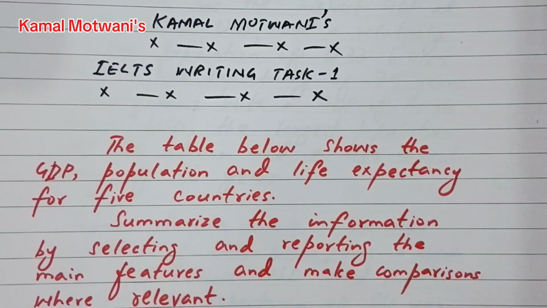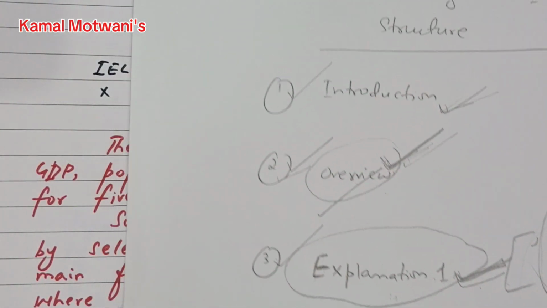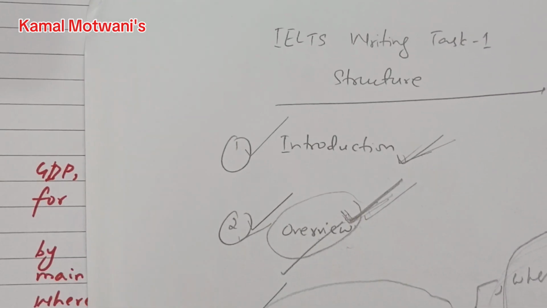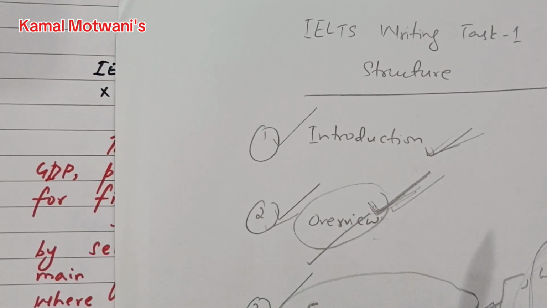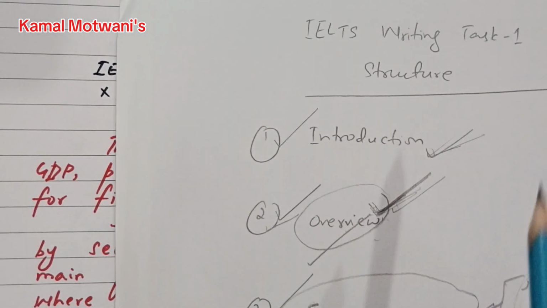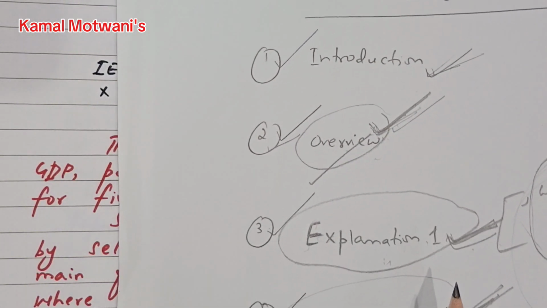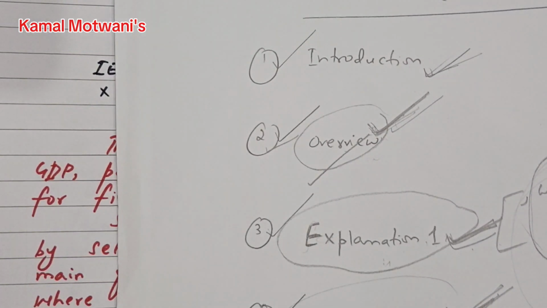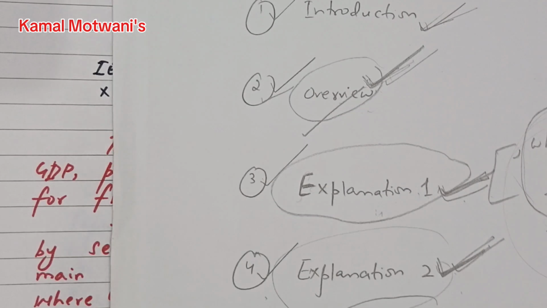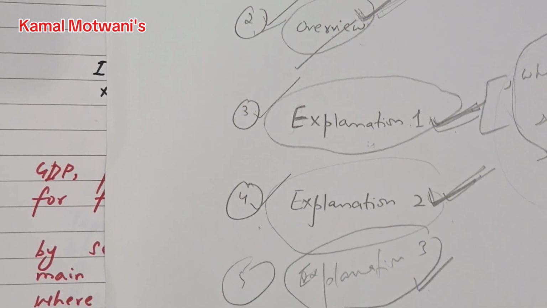So here is the format of IELTS writing task 1, the structure. First of all we write the introduction, then we write the overview, or it is called the overall view. Then there is explanation 1, explanation 2, explanation 3.